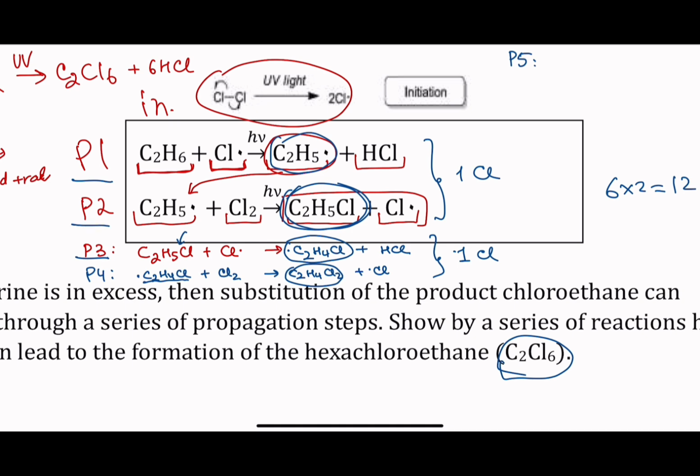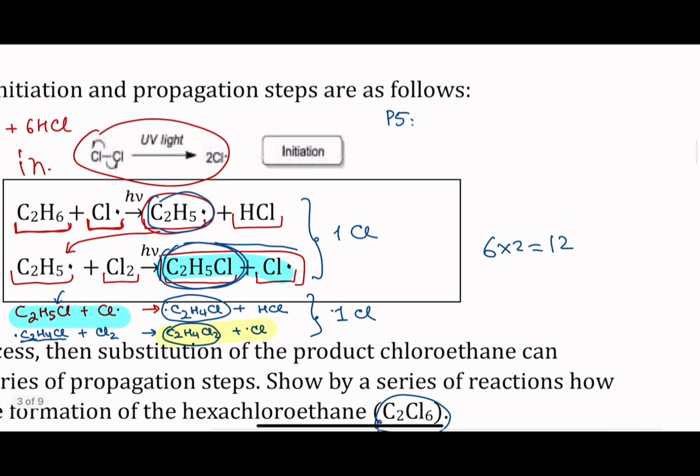But for even steps, I take both of the products and I plug it in here. And then I take both of the products in the even step and I will write it in the next step, which will be C2H4Cl2, and again plus radical.